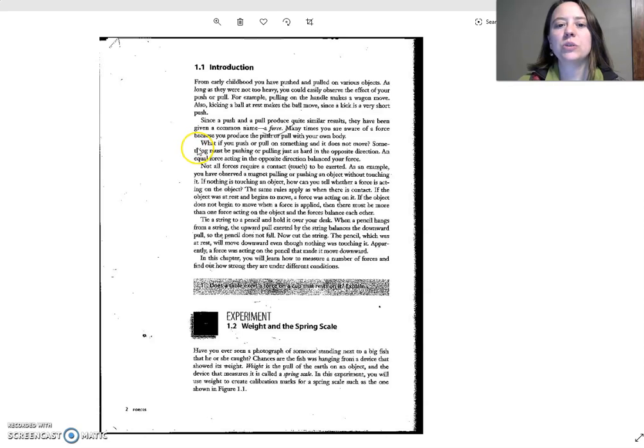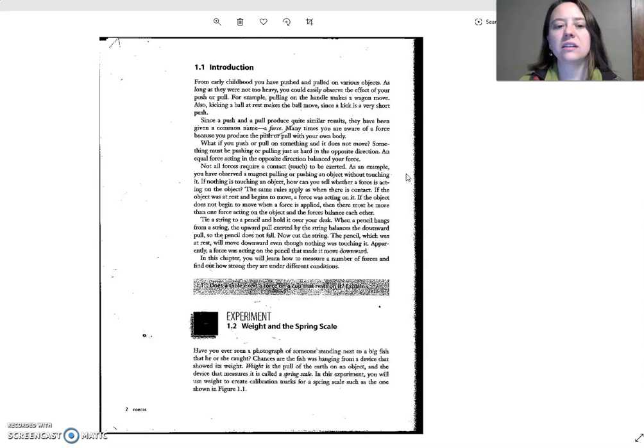So what if you push or pull on something and it does not move? Something must be pushing or pulling just as hard in the opposite direction. An equal force acting in the opposite direction balances your force. Not all forces require a contact or a touch to be exerted. As an example, you have observed a magnet pulling or pushing an object without touching it.